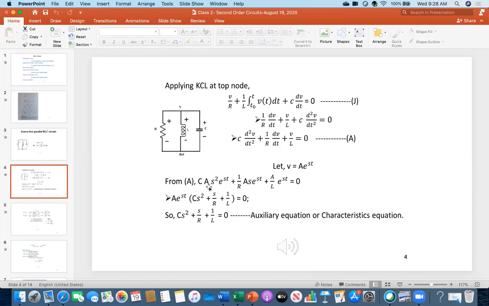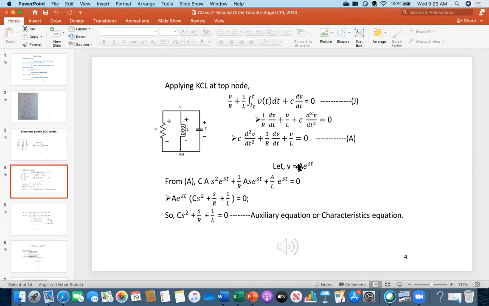So look at the first term: this C is this C, this is A, and dv by dt is s e to the power st, and the second time, s square e to the power st. That's why C A s square e to the power st. Then look at the middle term.